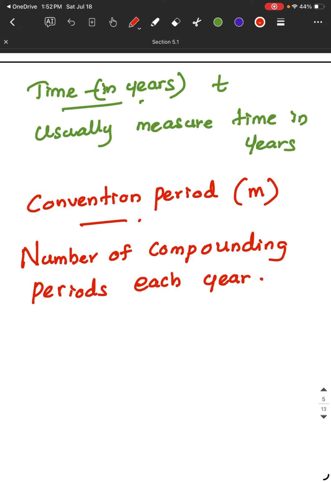We will discuss more about the compounding period in the latter part of today's lecture, because we have to discuss more information before going through the compounding periods. Okay, then let's begin.